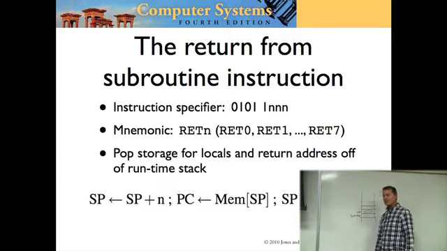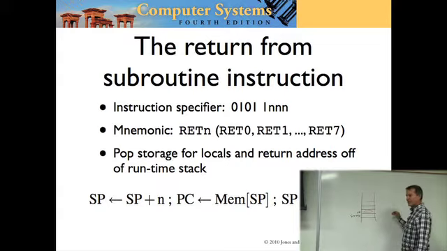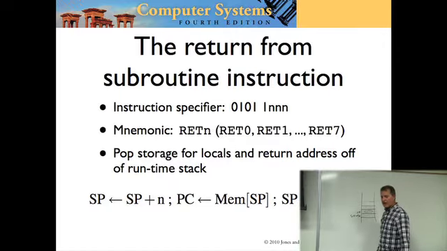RET actually has 8 versions. There are 8 RET instructions: RET 0, RET 1, RET 2, RET 3, RET 4, RET 5, RET 6, and RET 7. And furthermore, is RET unary?